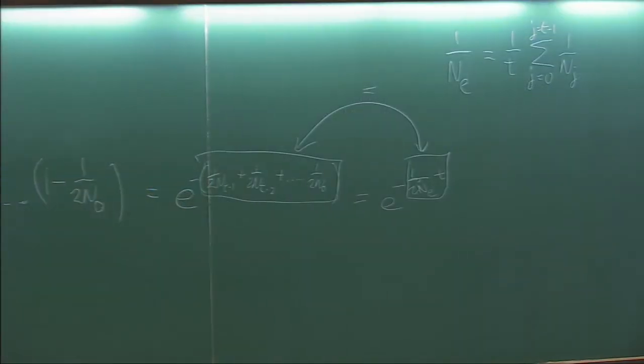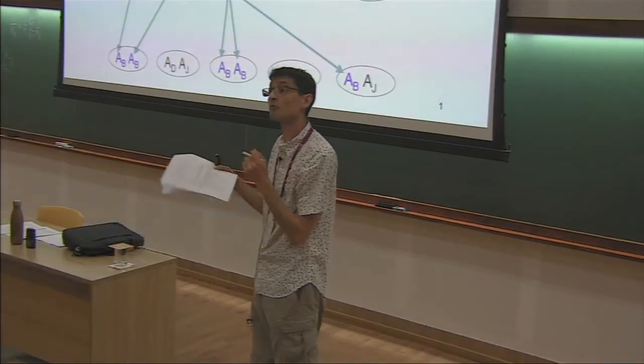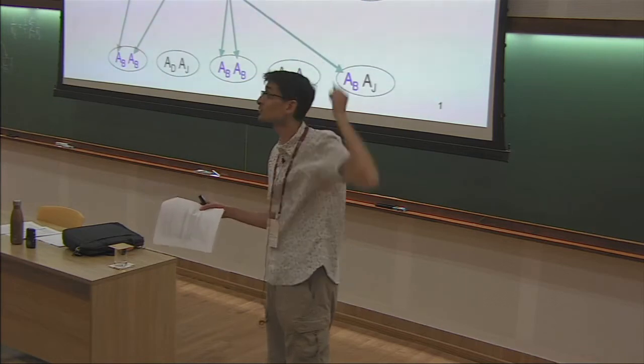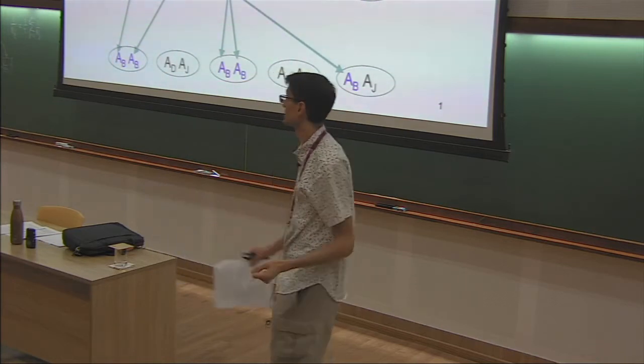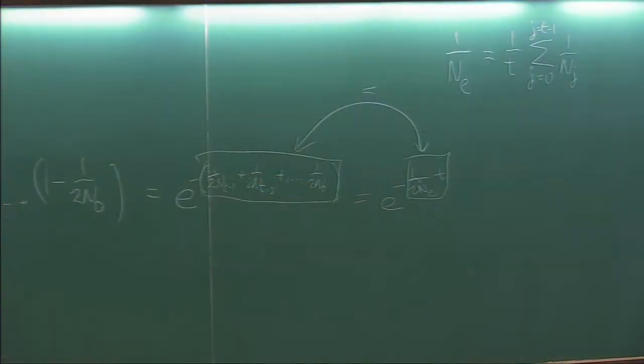You have males and females, and you need to reproduce by combining a gamete from a male and from a female, which is not what we assumed in the ideal population, right? In the ideal population, we pick gametes completely at random to form the next generation. So let's think about how that matters.